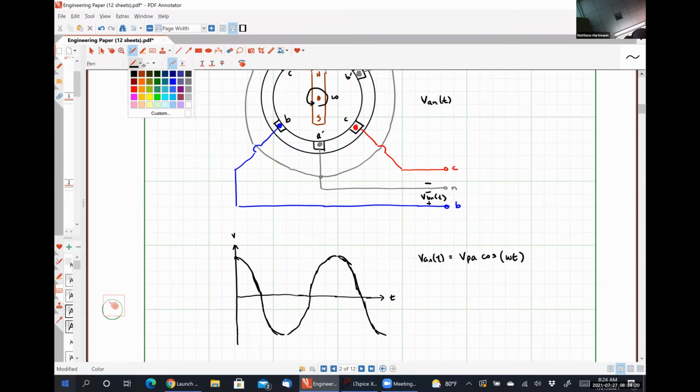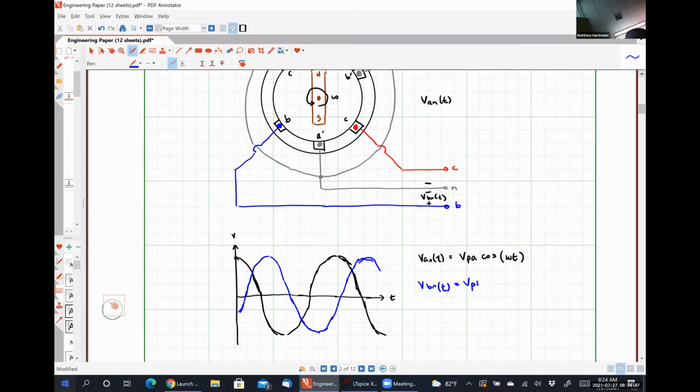And since I'm using blue, so that's 90, so this will be about 120. Where we have VBN of t will be VPB cosine omega t minus 120 degrees volts.